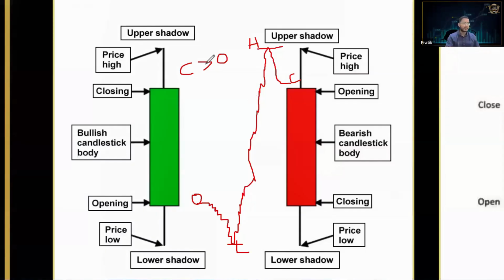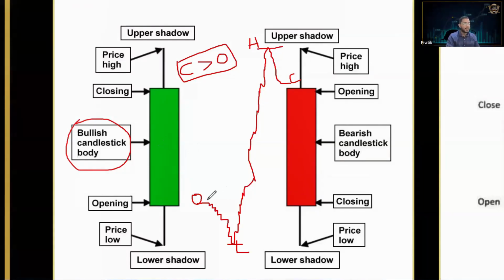So if the close is greater than the open, it's a bullish candlestick body. The buyers have pushed the close above the open, hence it's a bullish candlestick. Everyone clear?